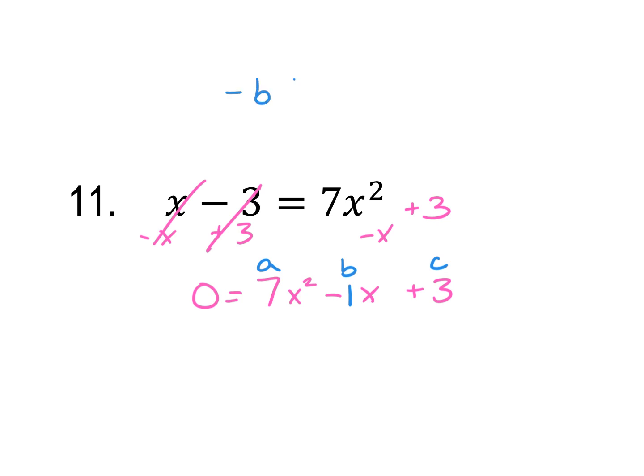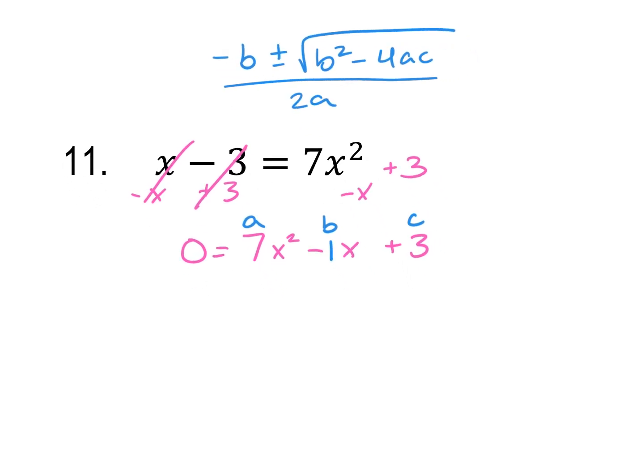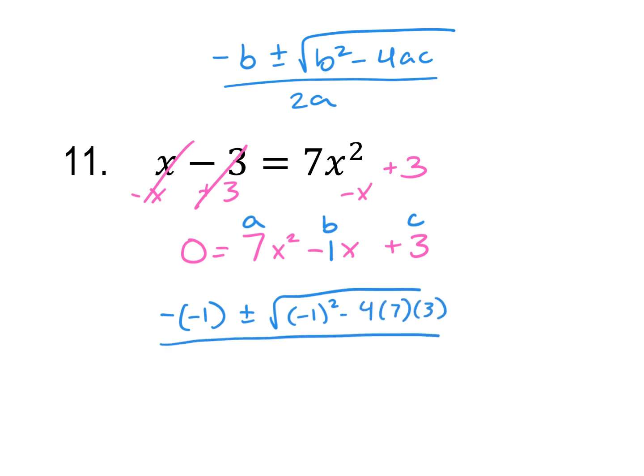So we're using negative b plus or minus the square root of b squared minus 4ac over 2a. So let's plug it in. We have negative 1 plus or minus the square root of negative 1 squared minus 4 times 7 times 3 over 2 times 7.